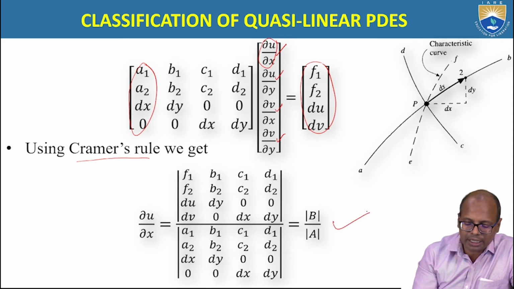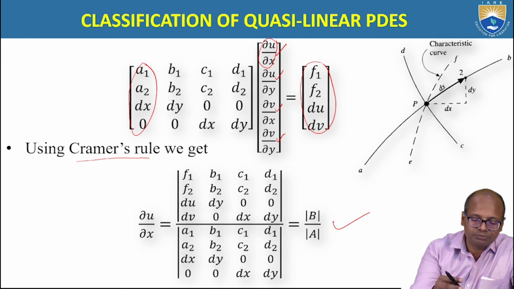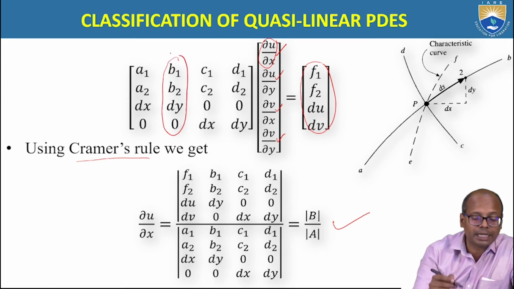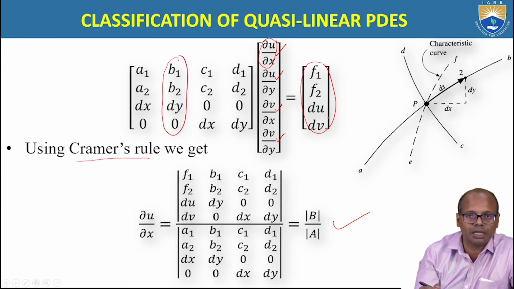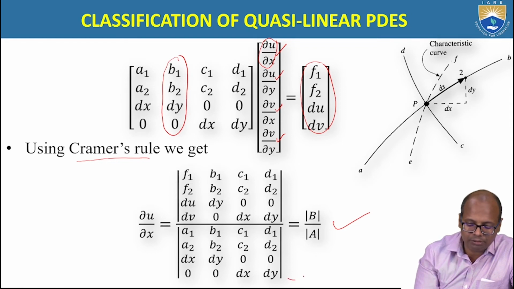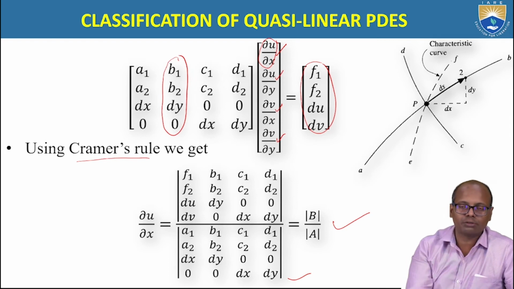If I do that, I will get the value of ∂u/∂x. Similarly, I can find the value of ∂u/∂y. How? I replace the second column with this column vector, so the numerator will be this and the denominator will be as it is. Like that, I can find the values of ∂u/∂x, ∂u/∂y, ∂v/∂x, and ∂v/∂y using Cramer's rule.